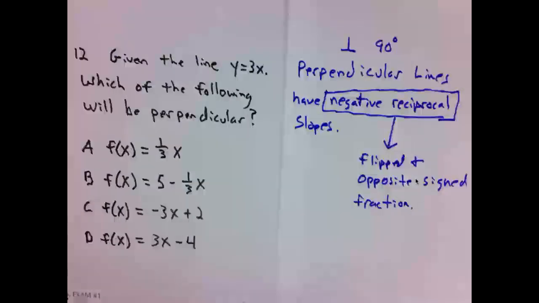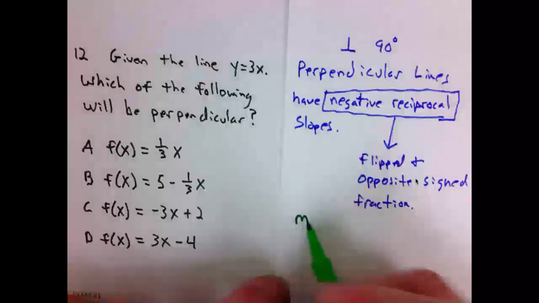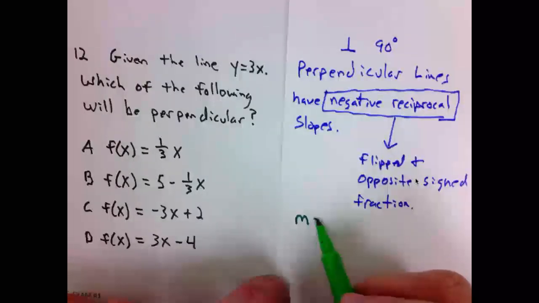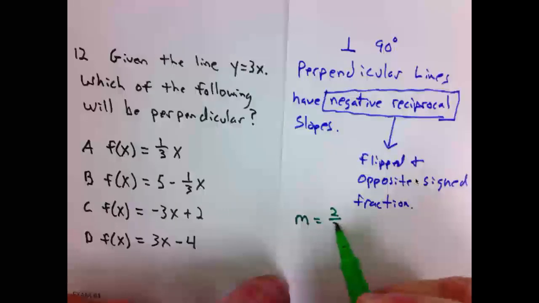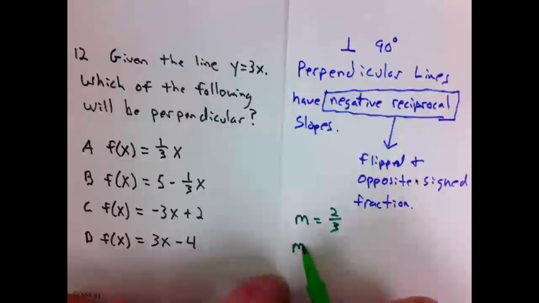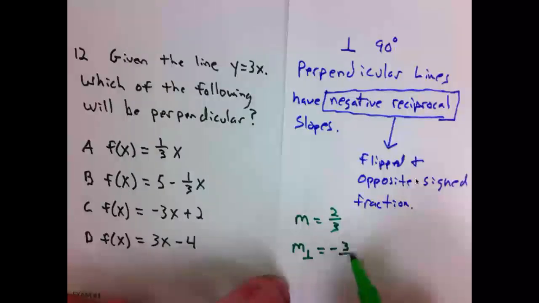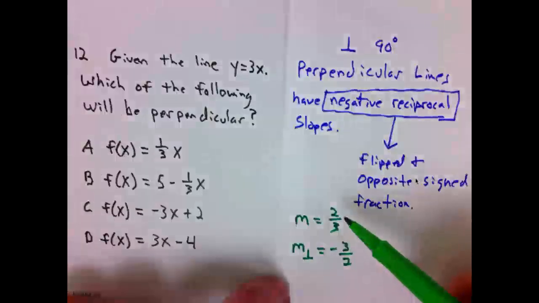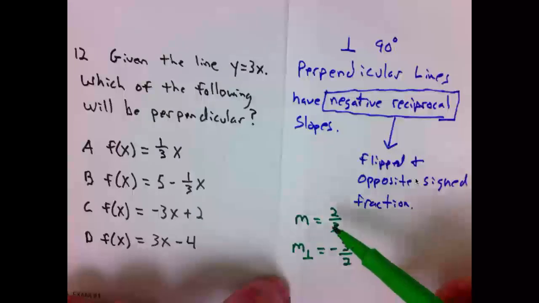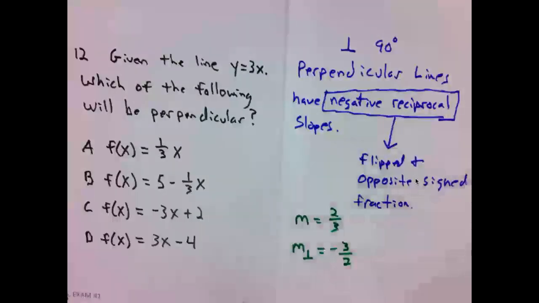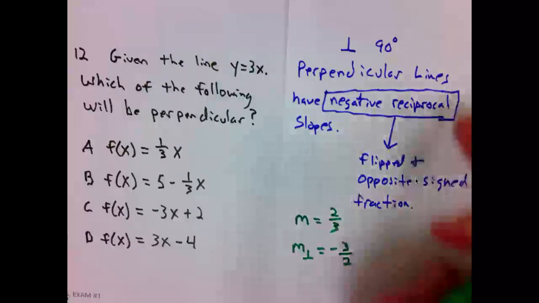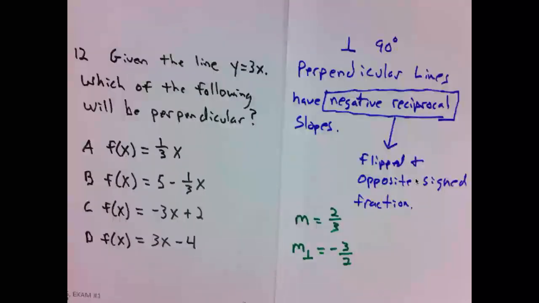For example, if our line has a slope of 2/3, the slope of a perpendicular line would be negative 3/2. Notice the fraction went from 2/3 to 3/2 and went from positive to negative. Add these notes to your packet.